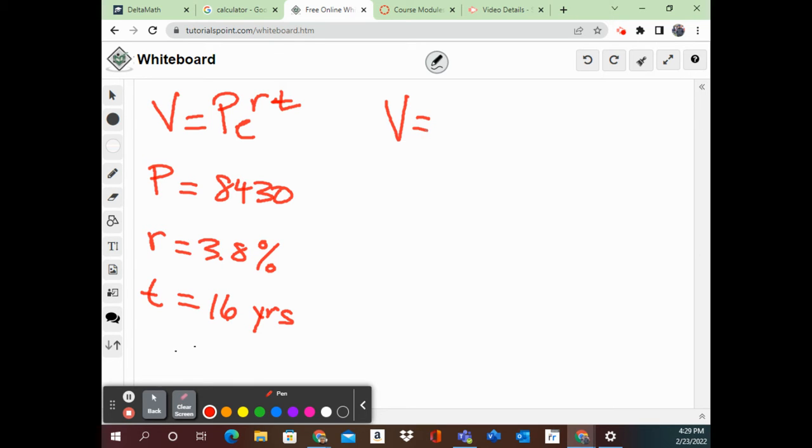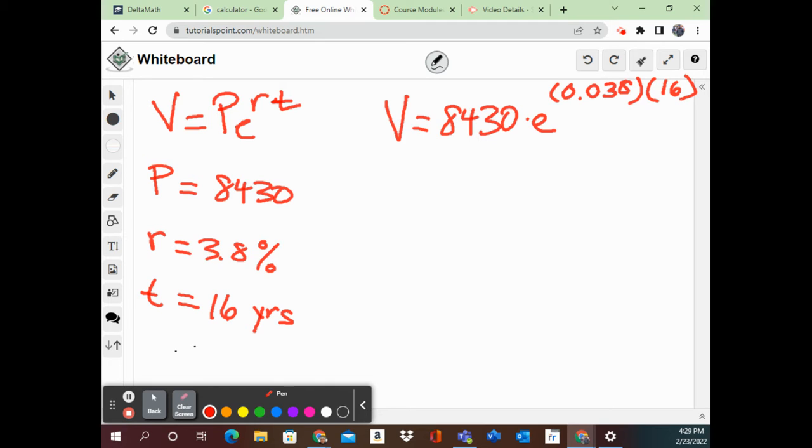So we have 8430 times e raised to the power of 3.8%. We're going to convert that to a decimal, so that is 0.038, and 16 will be our years.